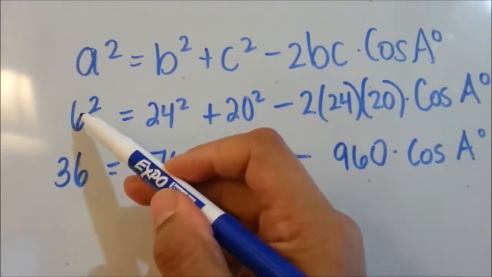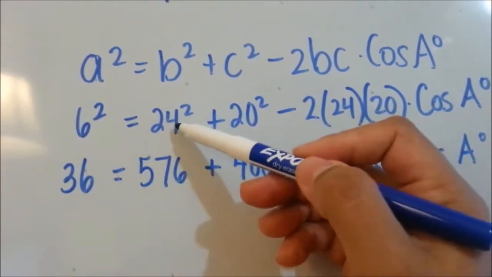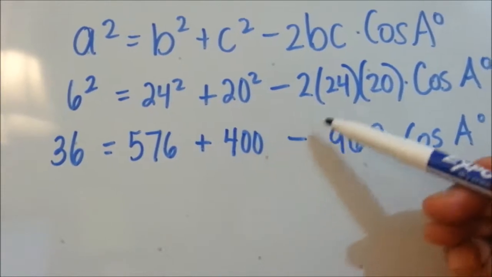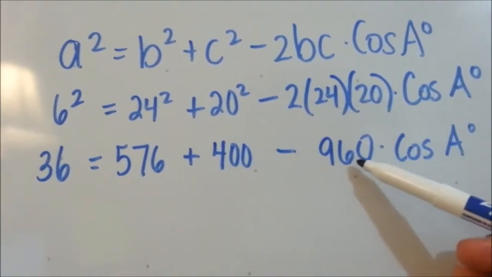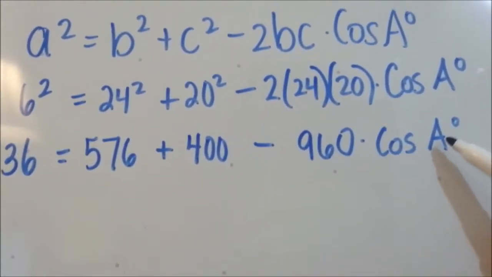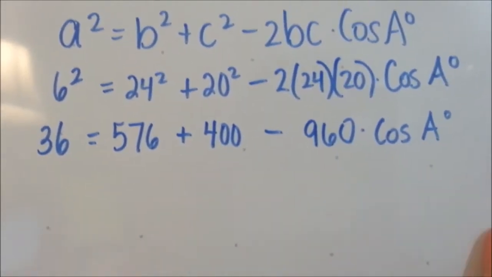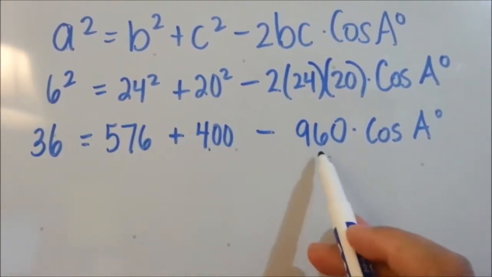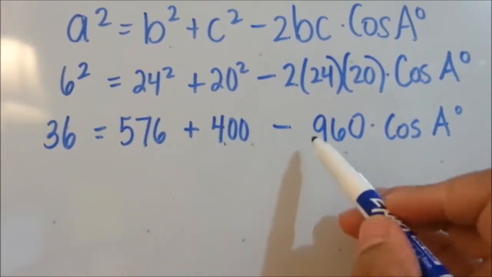I went ahead and multiplied. 6 squared is 36, 24 squared is 576, 20 squared is 400, 2 times 24 times 20 is 960, cosine A. One of the mistakes that I've noticed is that students will want to combine those three numbers. You can't do that.